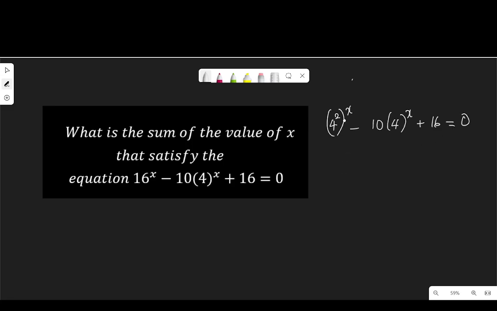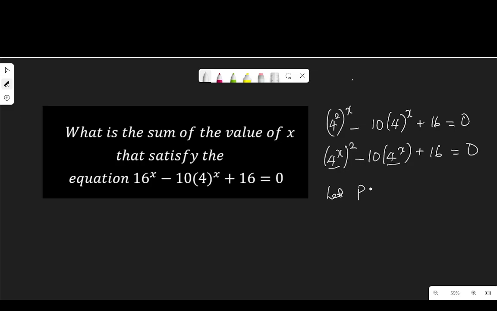And this 4 to the power of 2 to the power of x, I can write as 4 to the power of x, then to the power of 2, minus 10 times 4 to the power of x plus 16 equals 0. Now I have 4 to the power of x here, I also have it here, so let me replace it with something else.